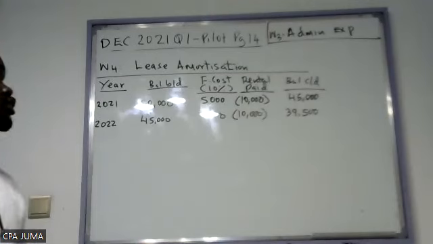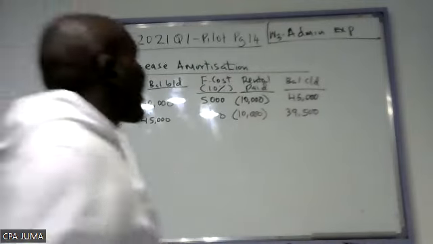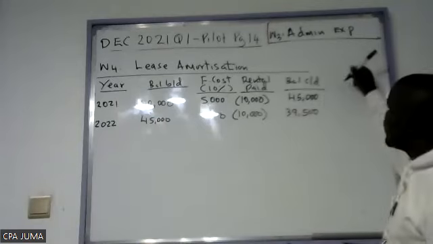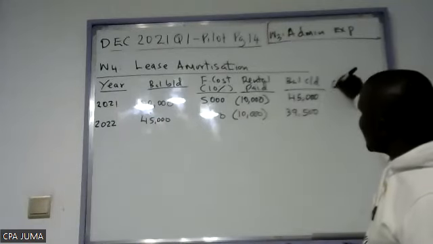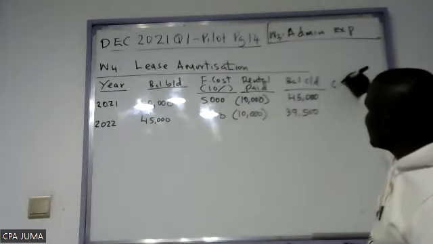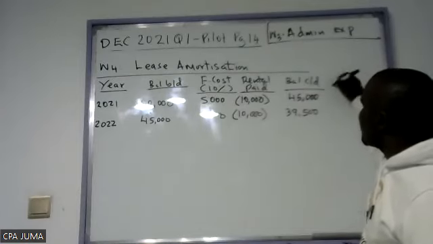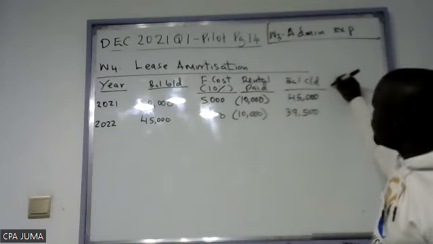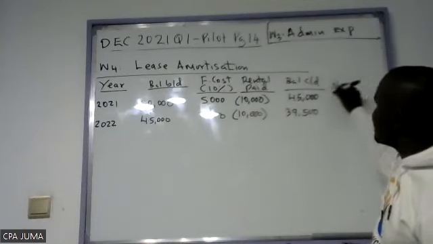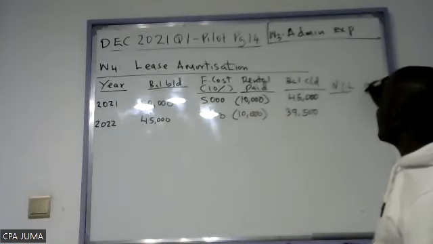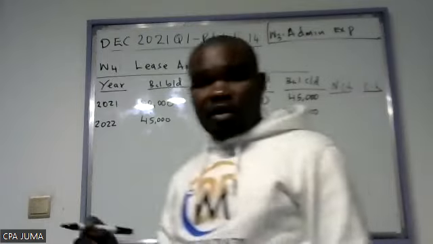Please, if you left a space, I can do it here: non-current liability and current liability. It will help me.